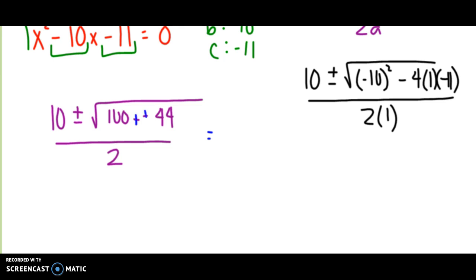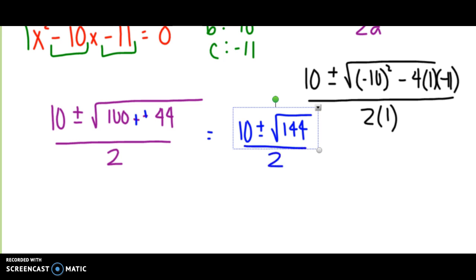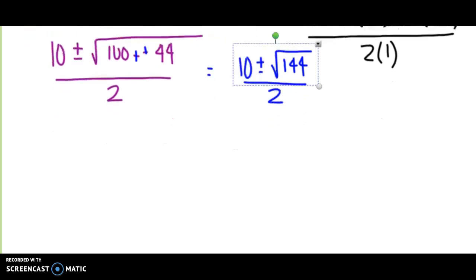So 100 plus 44 gives plus or minus the square root of 144 all over 2. The square root of 144 is a perfect square. The square root of 144 is 12. So now I'm down to x equals 10 plus or minus 12 over 2.